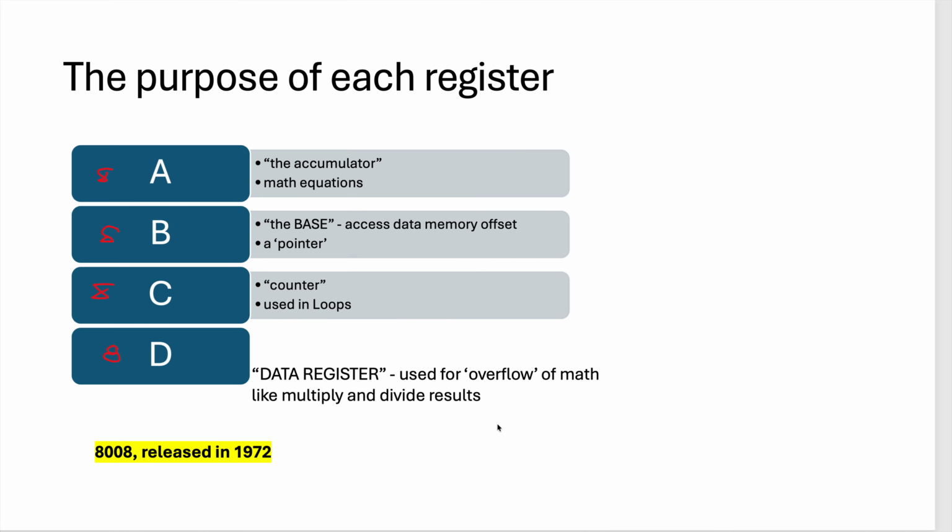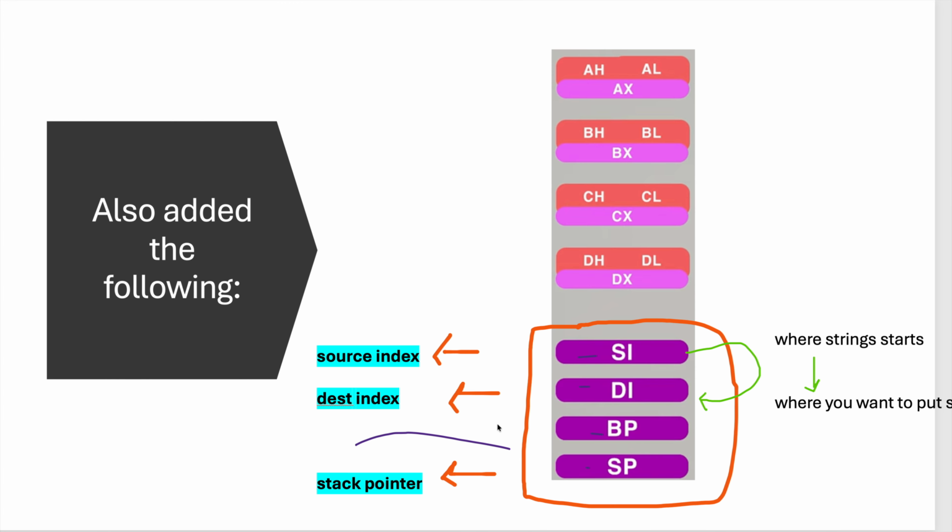It was just always there. Source index indicates where the string starts, and the destination index is where you want to place the string.